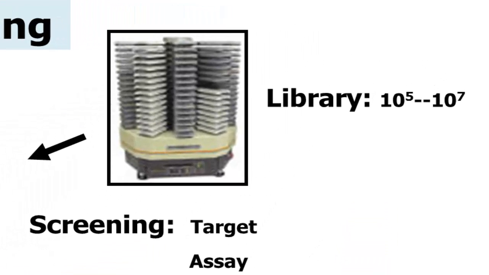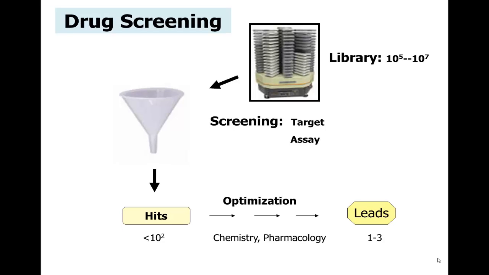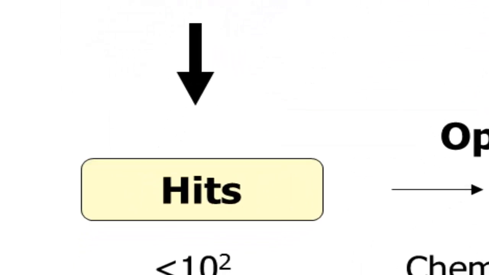The library needs to have a large number of drug-like compounds, and it needs to be diversified. With the library, the assay system, and the high throughput facility ready, we can do the screening. If everything goes all right, we should expect to get a small number of hits.